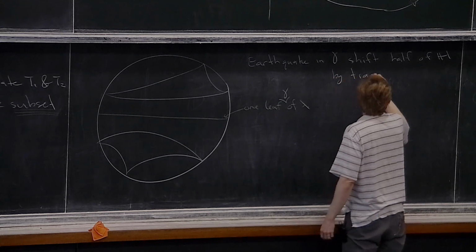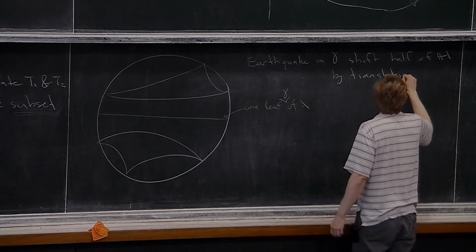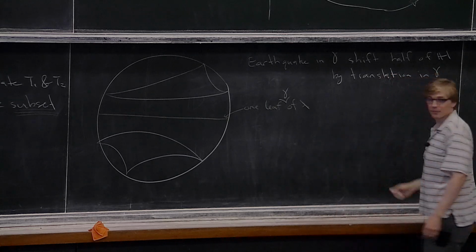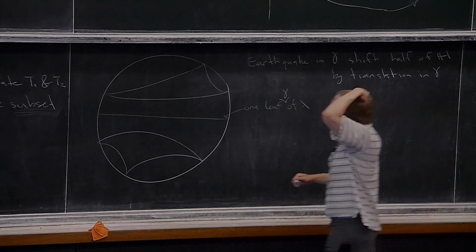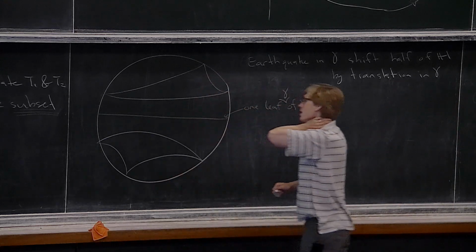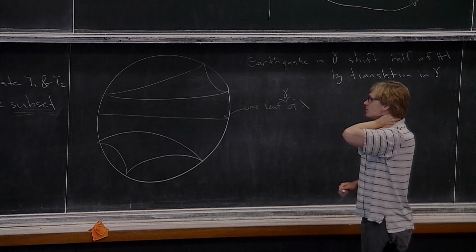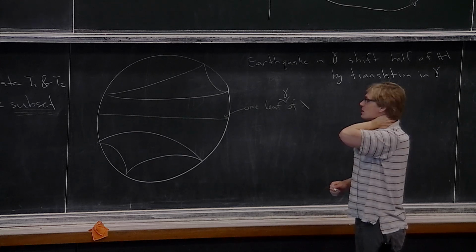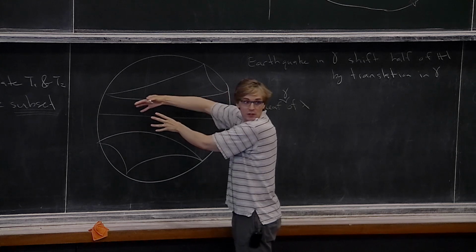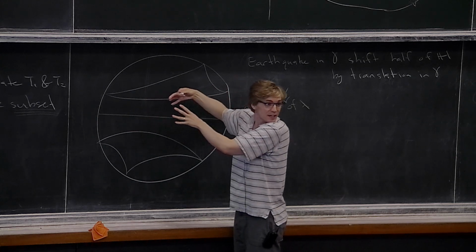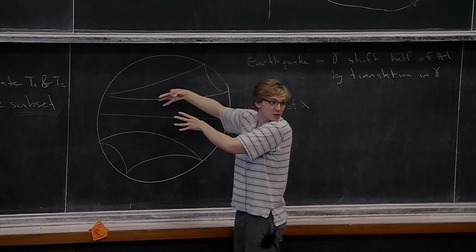Okay, and so when I do this, I'm going to sort of push the whole foliation, the whole measured lamination. And the measured lamination is going to be taken onto itself.